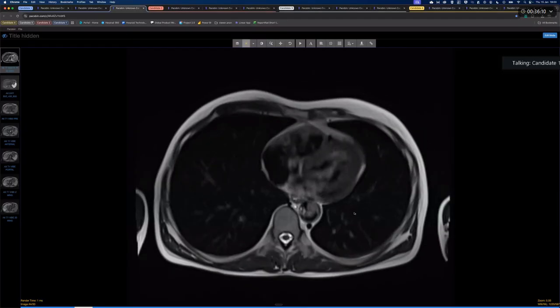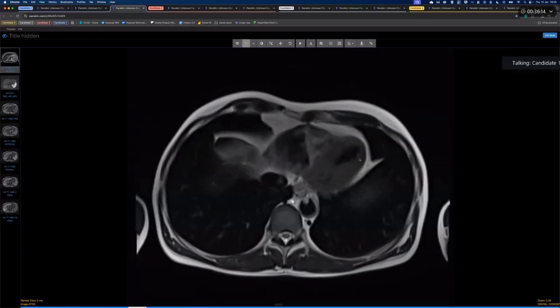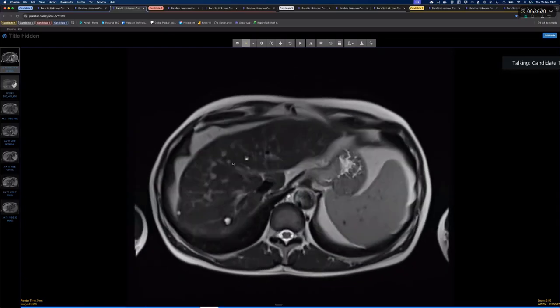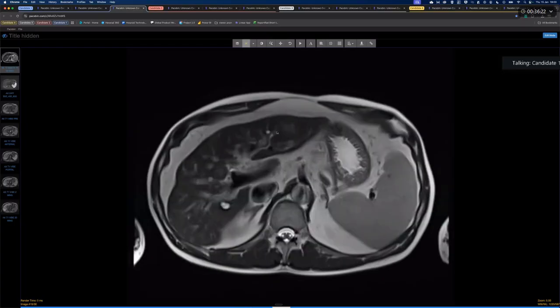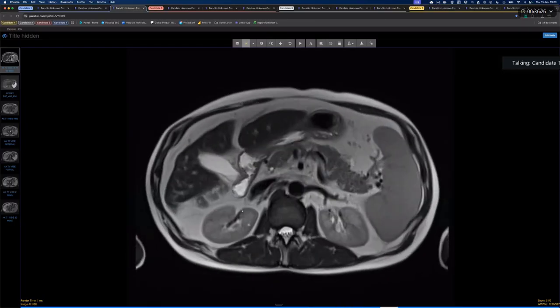The spleen retains normal signal intensity. The heart also seems normal, and the bone marrow as well shows normal signal intensity. So I'm suspecting a deposition disease of the liver that causes this appearance.